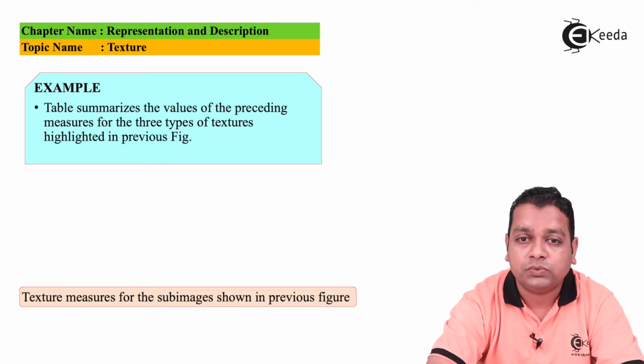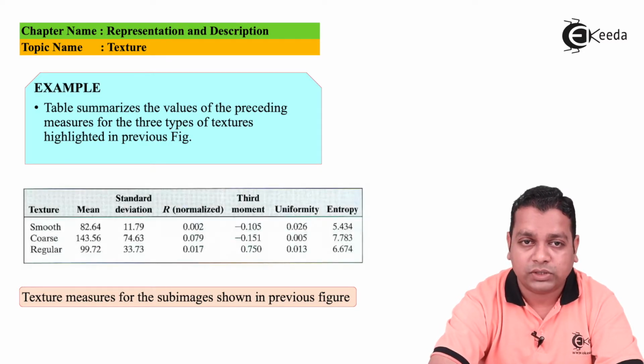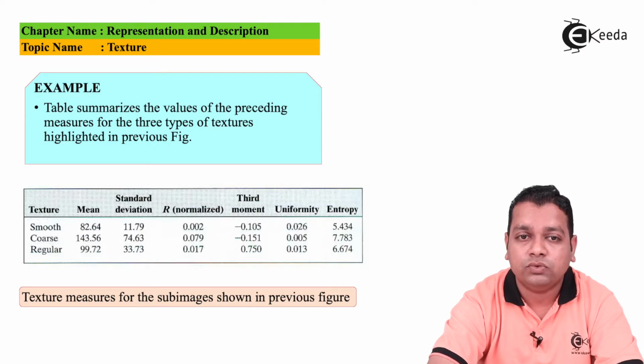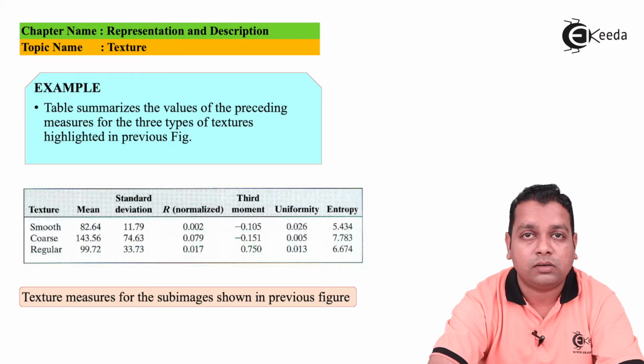So the texture measures for the sub images shown in the previous figure can be tabulated like this. The textures were classified as smooth, coarse and regular with respect to figures A, B and C. For the mean values, we have for the smooth texture 82.64, for the coarse texture 143.56, and for the regular periodic pattern in the last figure, 99.72.